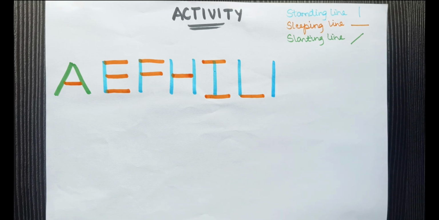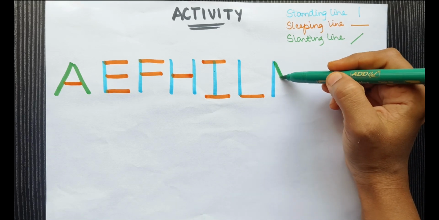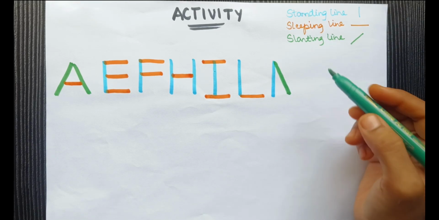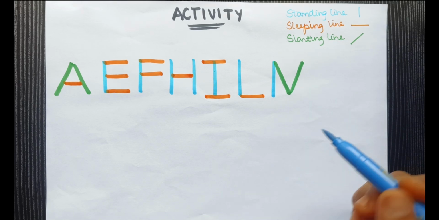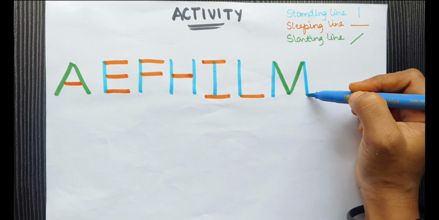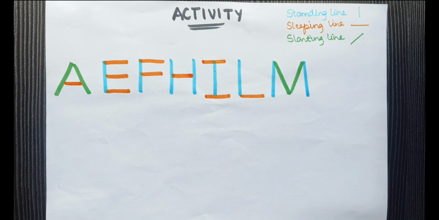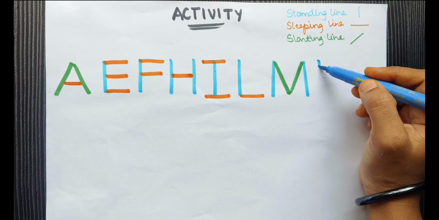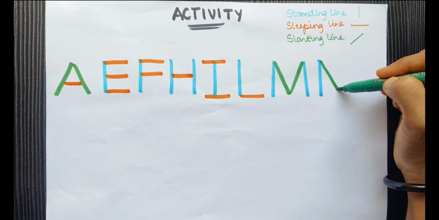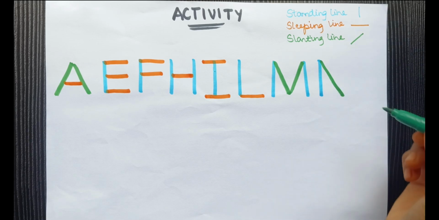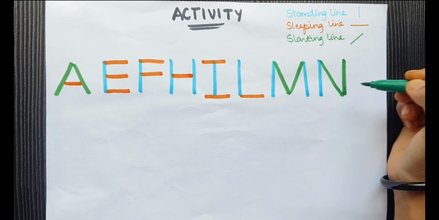Standing line, slanting line, standing line. And N is formed using two standing lines and one slanting line. Standing line, slanting line, standing line.